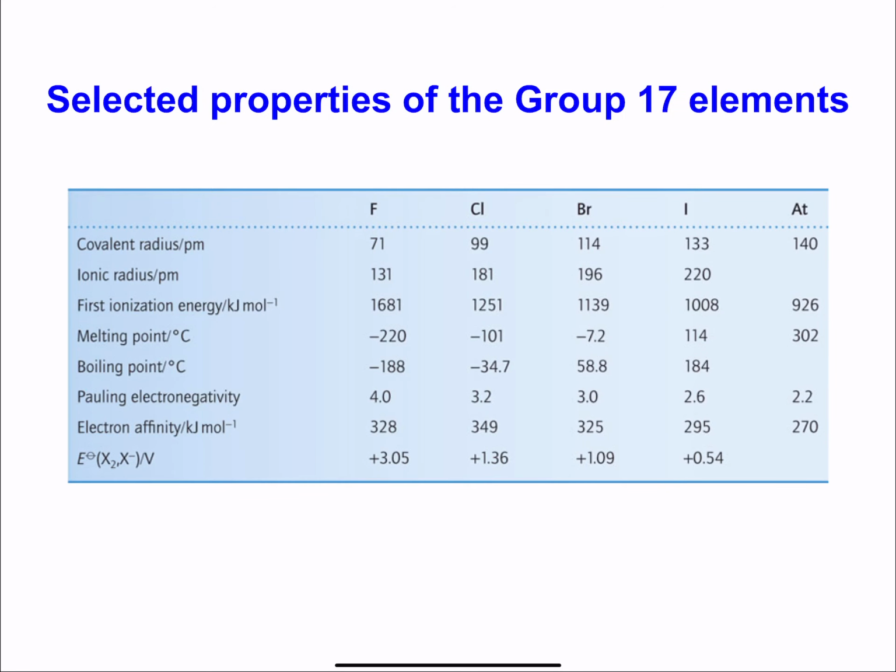Then here is a table showing the basic physical and chemical properties of this group. Let's look at the first one, the electronegativity. You can see fluorine is 4, and it decreases from top to bottom.